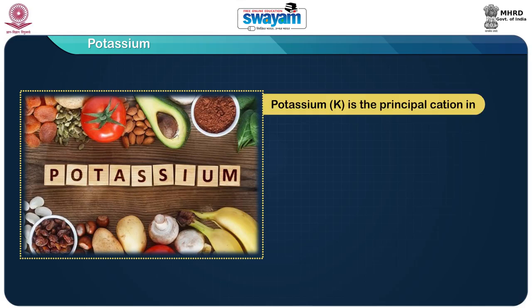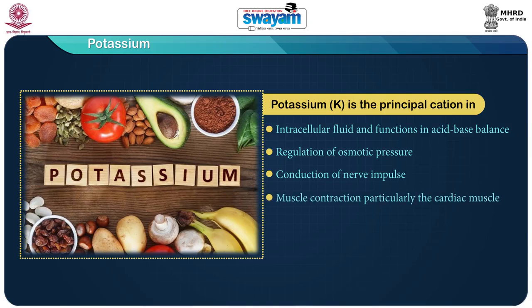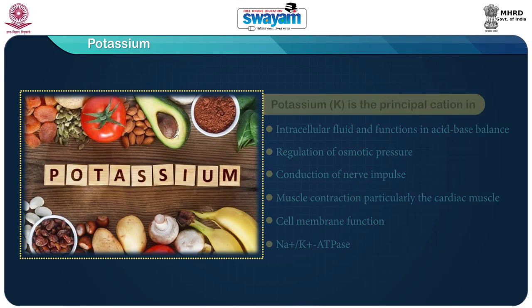Potassium is the principal cation in intracellular fluid and it functions in acid base balance, regulation of osmotic pressure, conduction of nerve impulse, muscle contraction, particularly the cardiac muscle, cell membrane function, and sodium potassium ATPase.